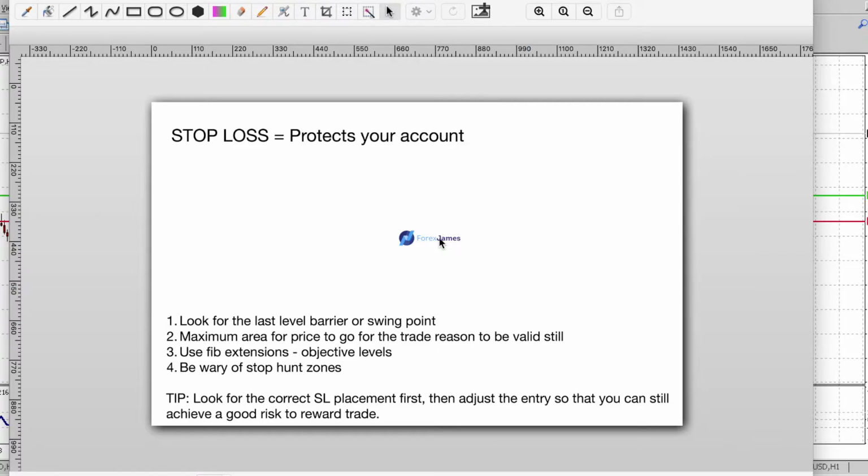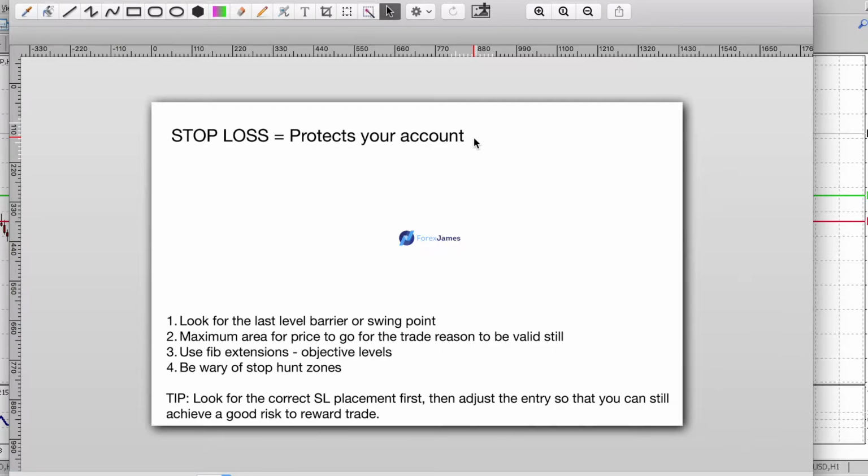Our stop losses are there to protect the account from major losses. That is the point of using a stop loss, which is to protect your account. That's why it's called the protective stop.